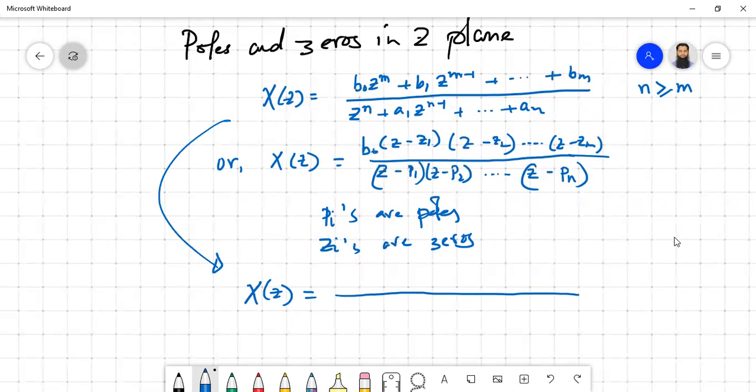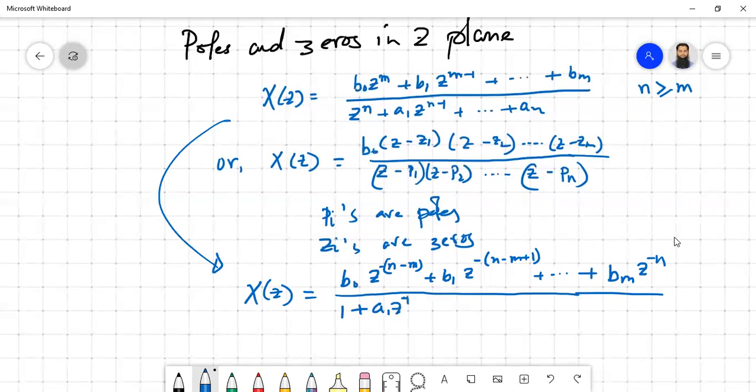So we'll have something like this: b0 z to the power minus (n minus m) plus b1 z to the power minus (n minus m plus 1), eventually going up to bm z to the power minus n. Similarly, if you divide the denominator by z to the power n, then we'll have something like this: 1 plus a1 z inverse plus a2 z to the power minus 2, and goes up to an z to the power minus n.